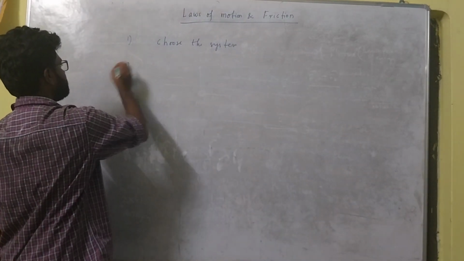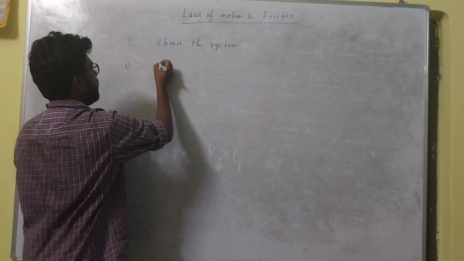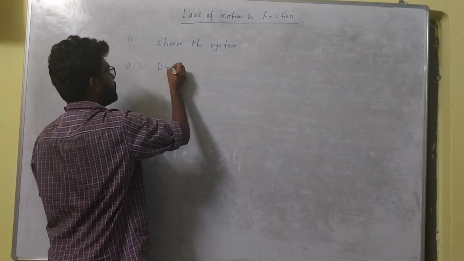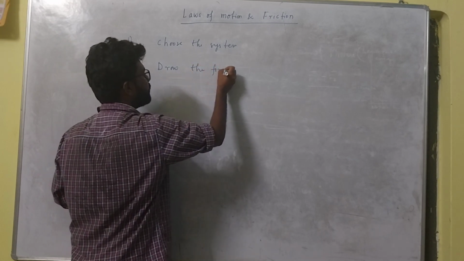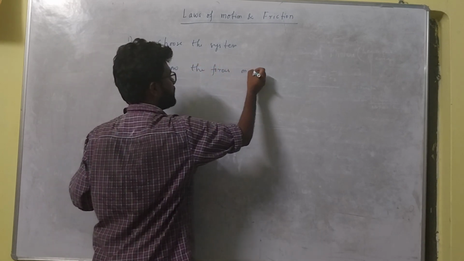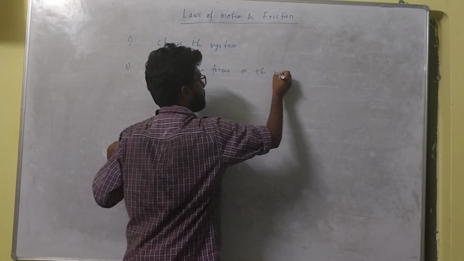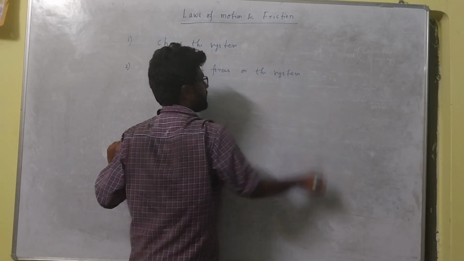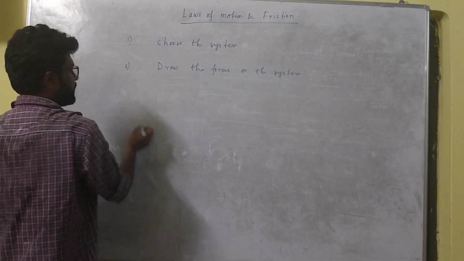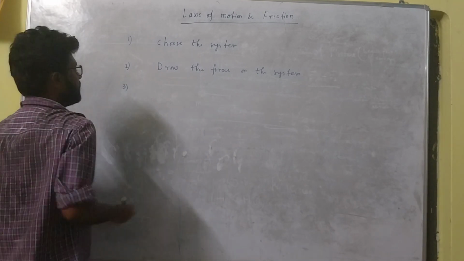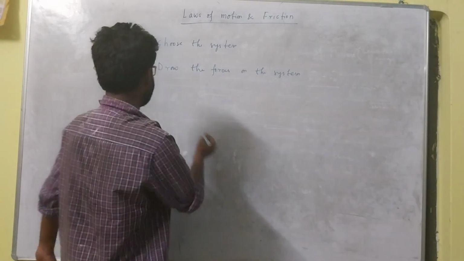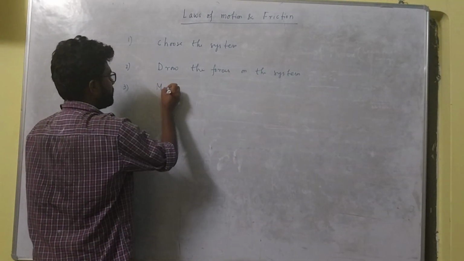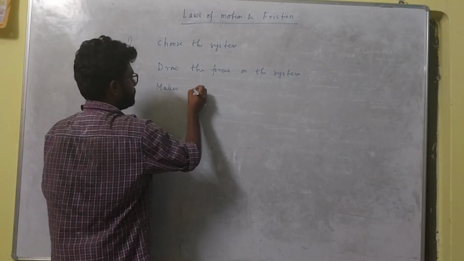Number two, draw all the forces on the system, all the forces on it. The third step, make a free body diagram. It is very important: make a free body diagram.